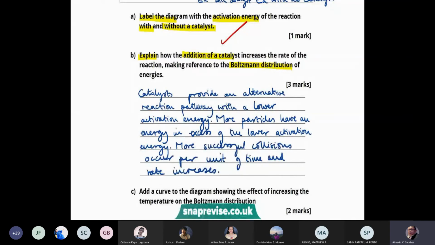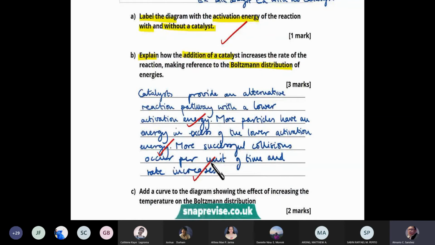For our first mark, we've explained that the catalyst provides an alternative reaction pathway with a lower activation energy. Our second mark comes from explaining that more particles have an energy in excess of this new lower activation energy. And our third mark for explaining that therefore it's more successful collisions that occur per unit of time that increases the rate of our reaction.